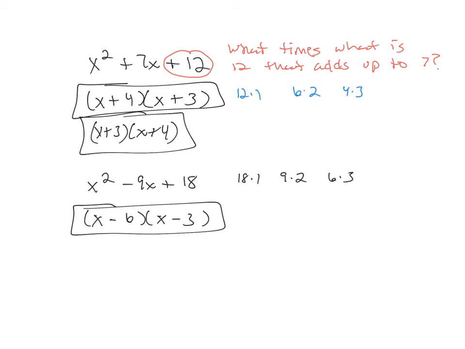Okay, so when that last one's positive or addition, you're going to ask what times what is the last number that adds up to the middle number. All right, so where both of them were positive, we did both of them with a negative and then a positive.